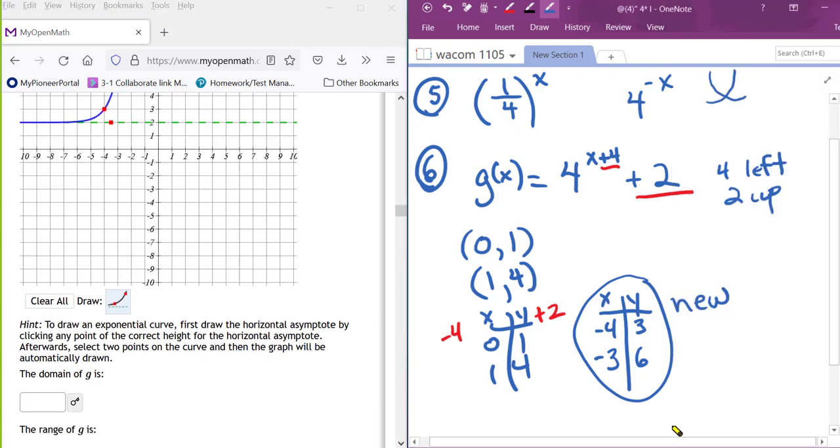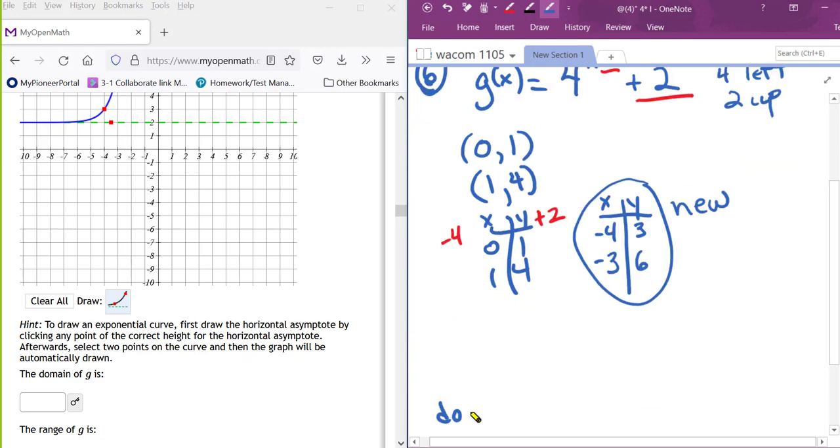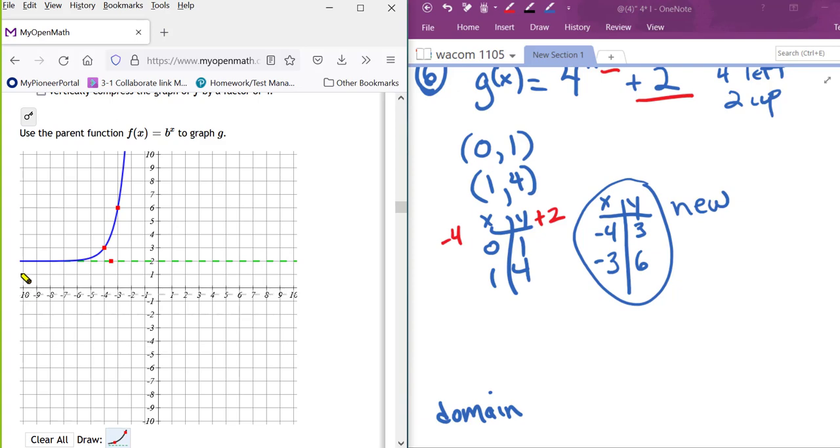I believe it says domain and range. So domain is coming from negative infinity. It will keep going slightly to the right as it climbs. So domain is going to be negative infinity to positive infinity.